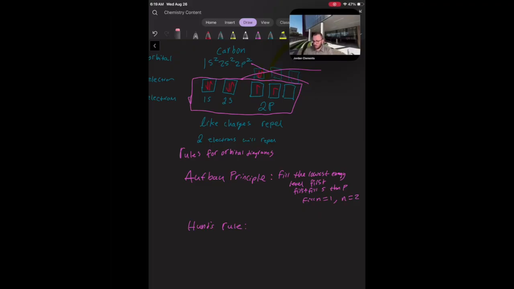Then the Pauli exclusion principle states that an orbital holds at most two electrons, and those two electrons must point in opposite directions.